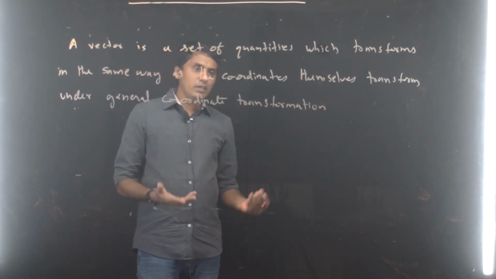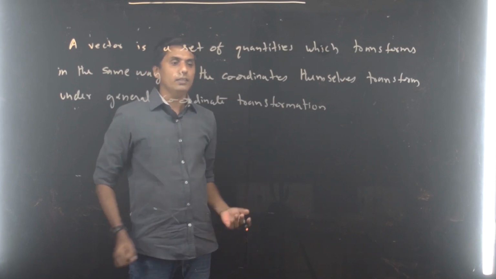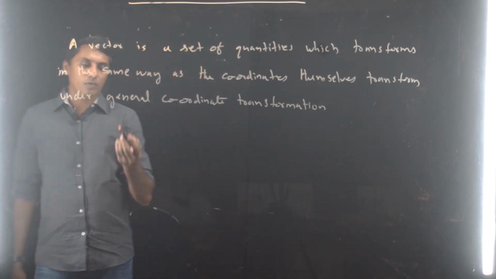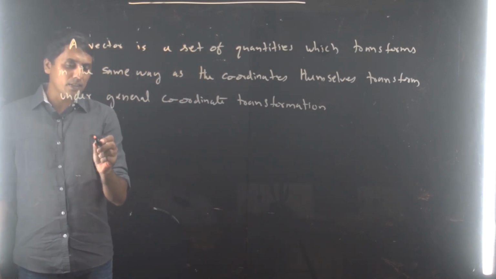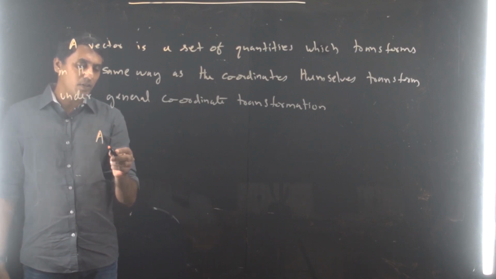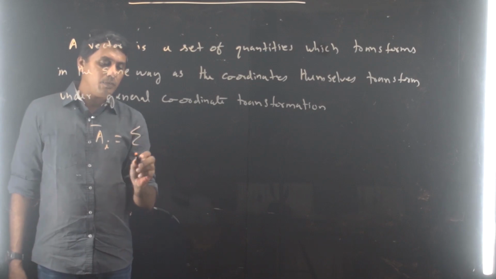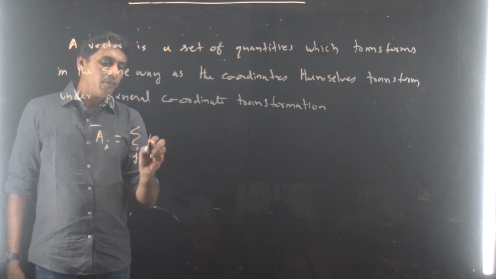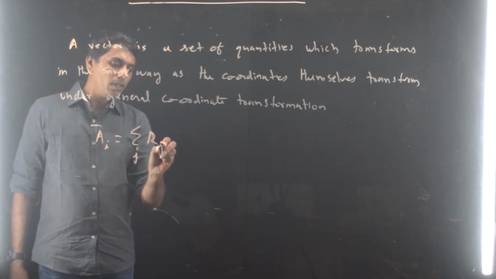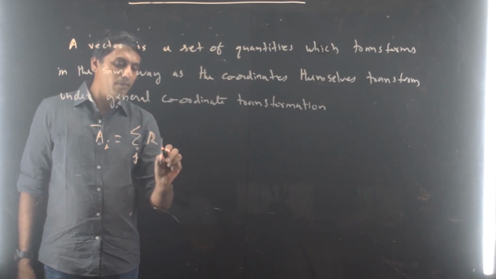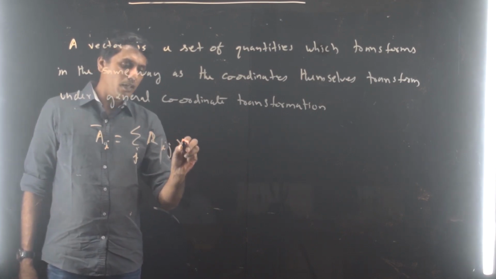In the previous case it was a rotation. So what does it mean? It means that the components must satisfy a bar i equal to summation over j of r i j a j.